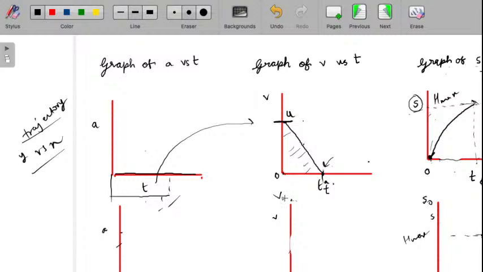Now what would be the v versus t? The velocity is continuing with the same magnitude, but in the downward direction. The velocity has changed direction. V would become negative, and v versus t would look like this. This is at ta, and this will be at td.